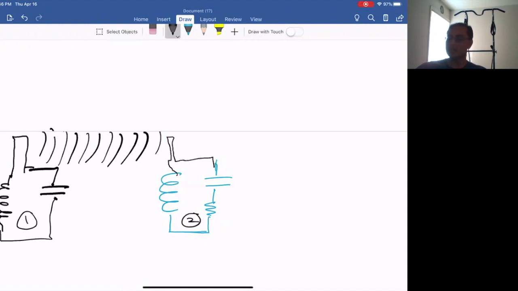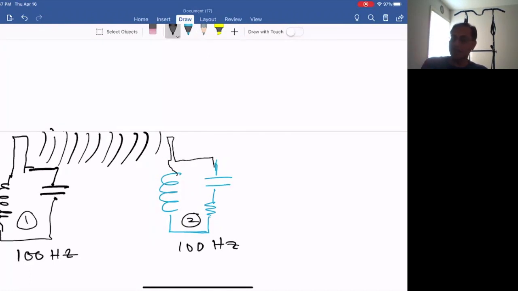So circuit number 2 will respond to circuit number 1 if their natural frequencies match. Suppose the frequency of this one is 100 hertz and the frequency of this circuit is 100 hertz. Then all you have to do is get circuit number 1 going, the current oscillating in circuit number 1. The antenna is going to radiate out an electromagnetic wave of the same frequency, 100 hertz.